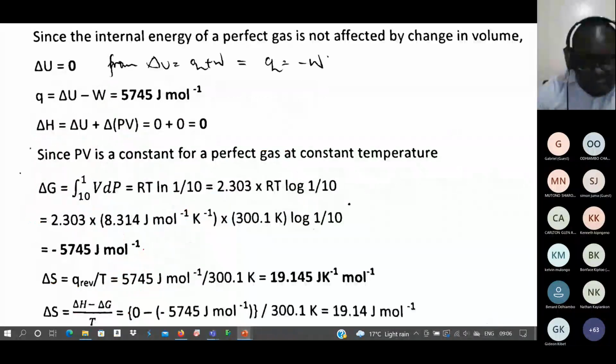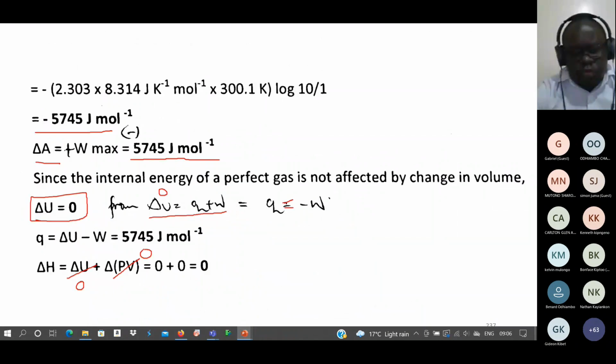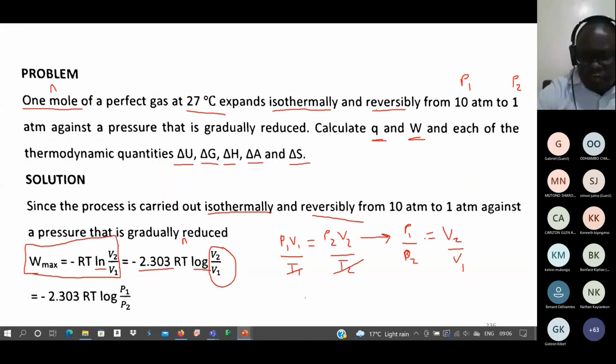Remember the expression at constant temperature, P1 V1 equals P2 V2.